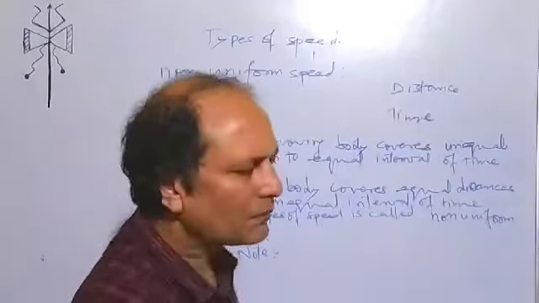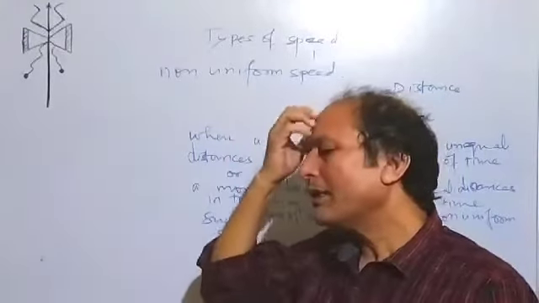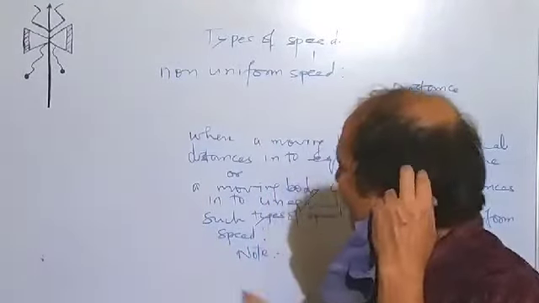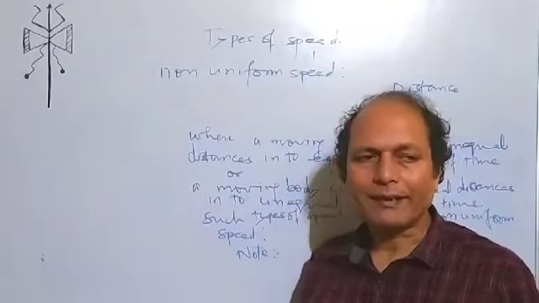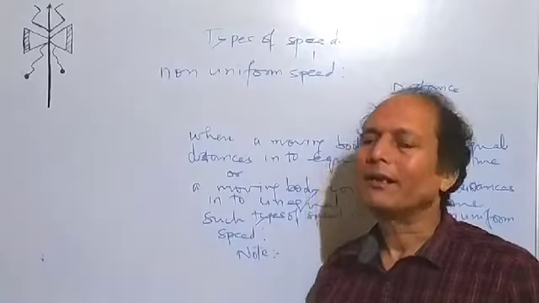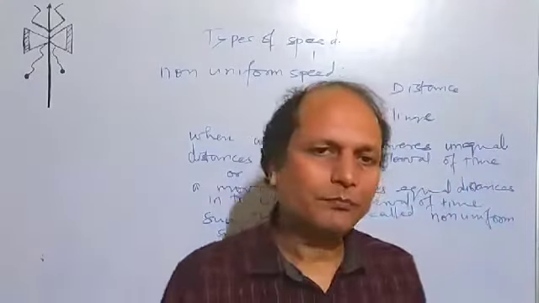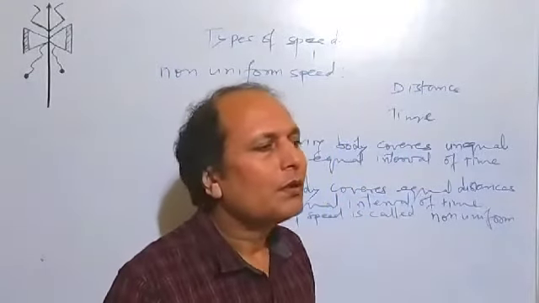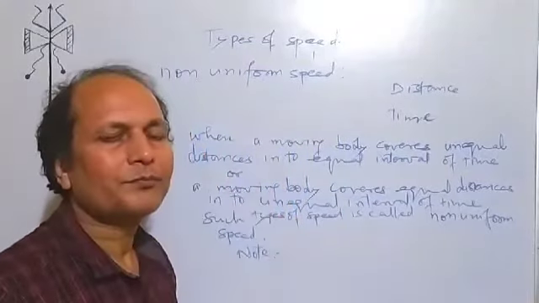all the motions that are performed in our practical life, in our daily life, in our day-to-day life, are examples of non-uniform speed. When you come from your home to your school, your vehicle shows non-uniform speed.